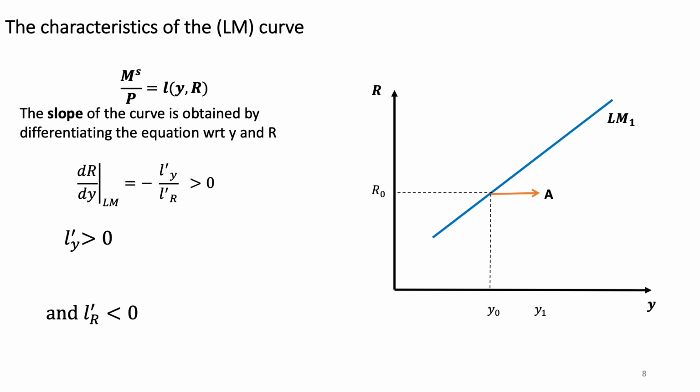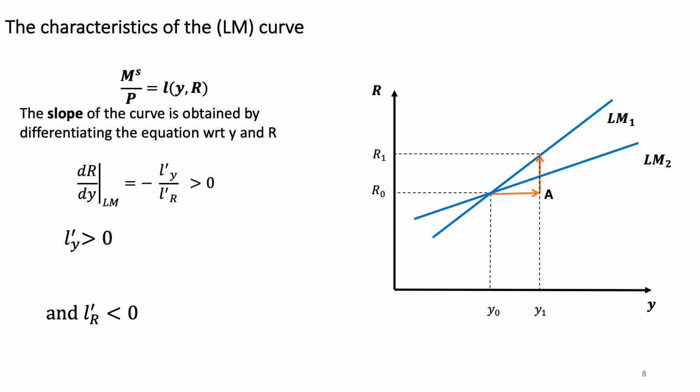To maintain the equilibrium, we need the money demand for speculative motive to decrease, hence an increase in the interest rate. LM1 is steep, so in this case, we need a strong increase in R to decrease the speculative demand for money. Therefore, here, the demand for money is not very sensitive to the interest rate.